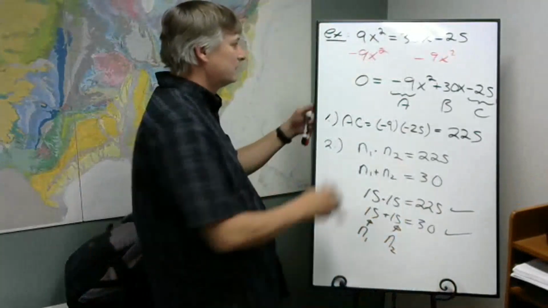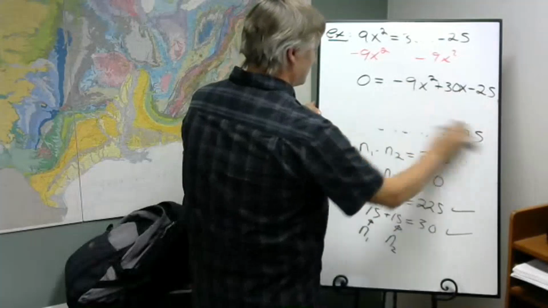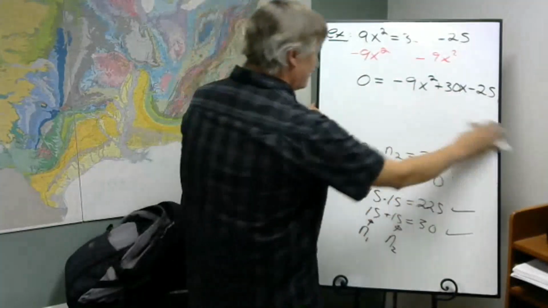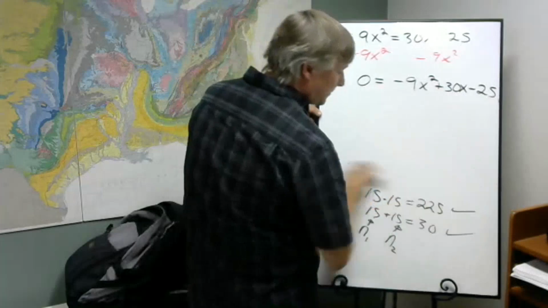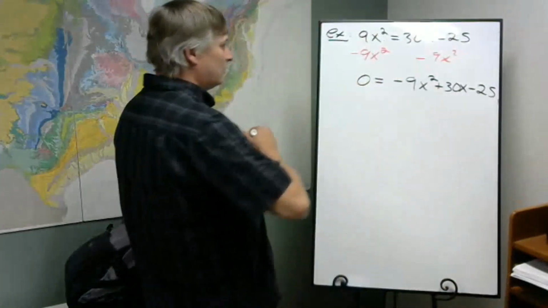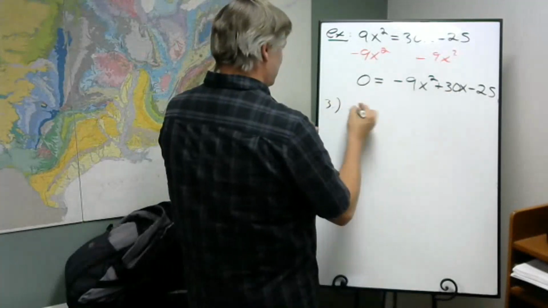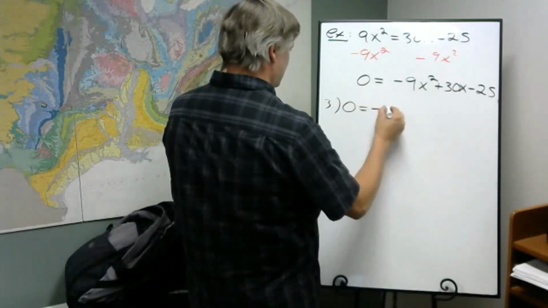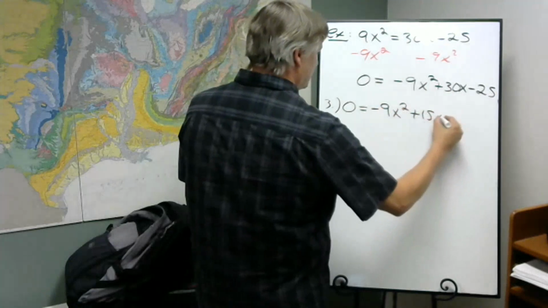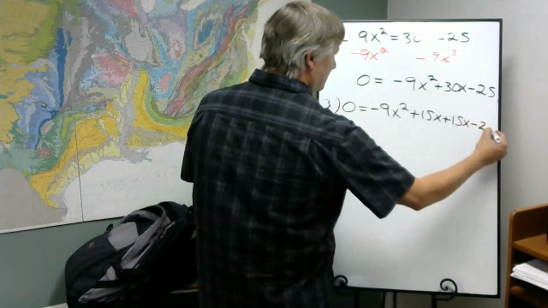So now, using this equation here, because we moved the 9 to a minus 9 squared, so 9 squared was moved over to become minus 9 squared, we'll rewrite this middle term as the sum of two 15s.